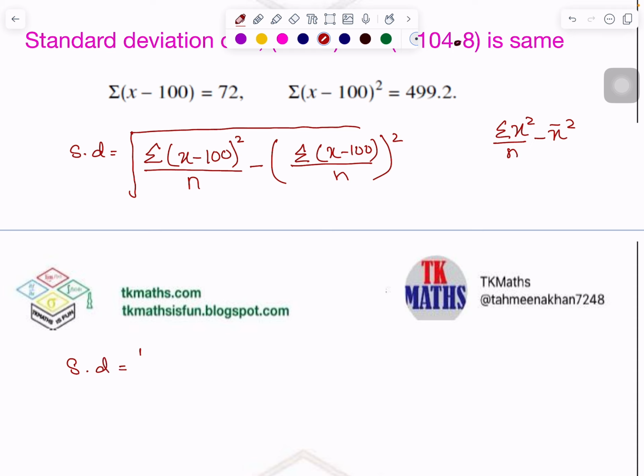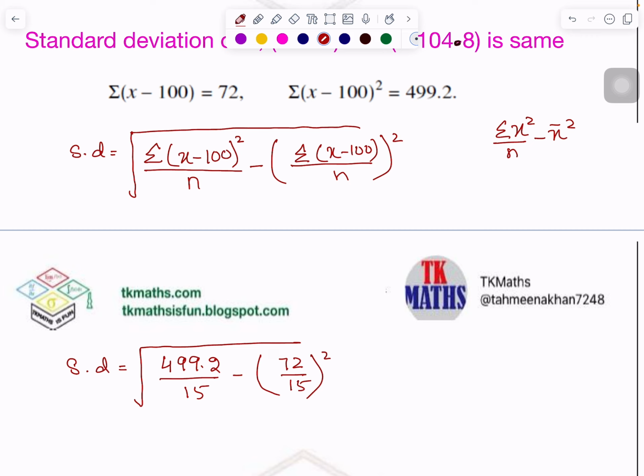Standard deviation is equal to sigma (x minus 100) square is 499.2, right? 499.2 divided by 15, and sigma (x minus 100) is 72 upon 15 square, right?